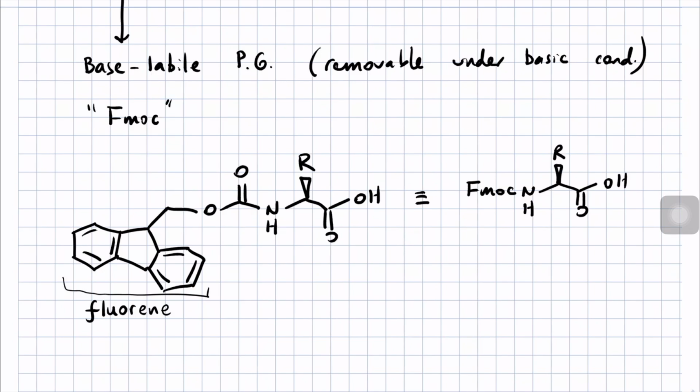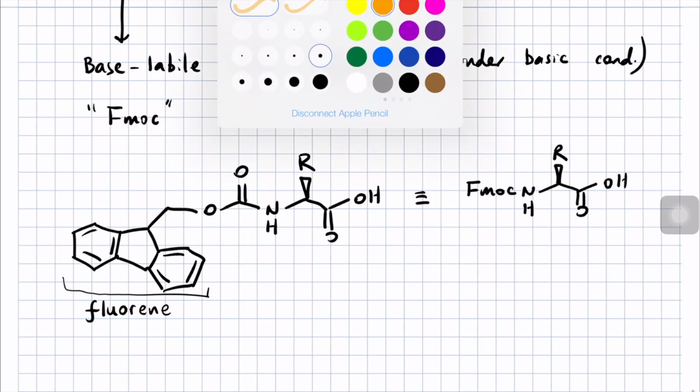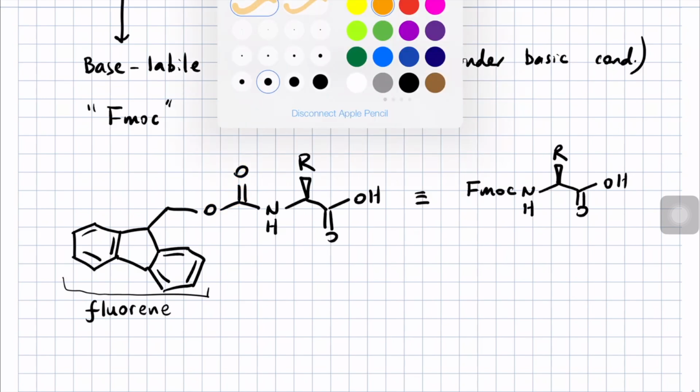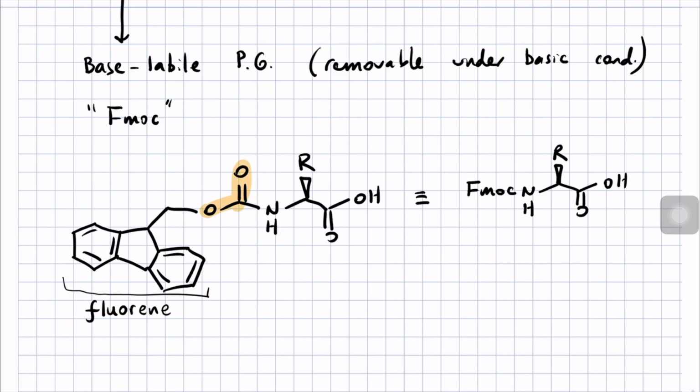So this is an Fmoc protected amino acid, and people will abbreviate it like this. And you can buy these Fmoc protected amino acids. You'll notice some similarities to the Boc protecting group. First of all, pay attention to this embedded CO2 in the structure of the protecting group. Also notice another feature.